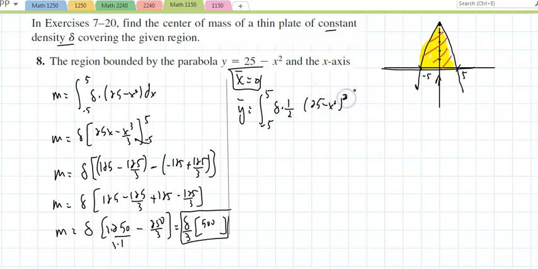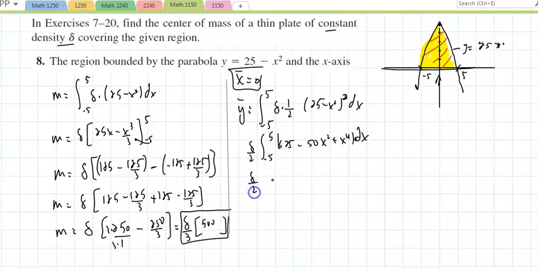Remember here, that is the actual function, so I didn't take top minus bottom, the bottom is 0, dx of course, and that's going to be delta over 2 times the integral from negative 5 to 5, and wouldn't that be 625 minus 50 x squared plus x to the 4th dx?